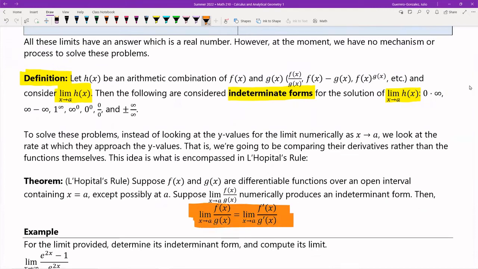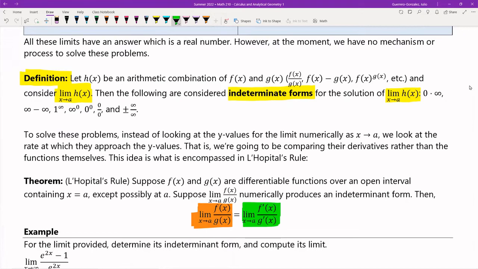So suppose f and g are differentiable functions over an open interval containing x approaches a, except possibly at a. Furthermore, suppose that the limit of f of x over g of x numerically produces what's called the indeterminate form, one of the ones that is above. Then the limit of the function is also going to be the limit of the derivatives.